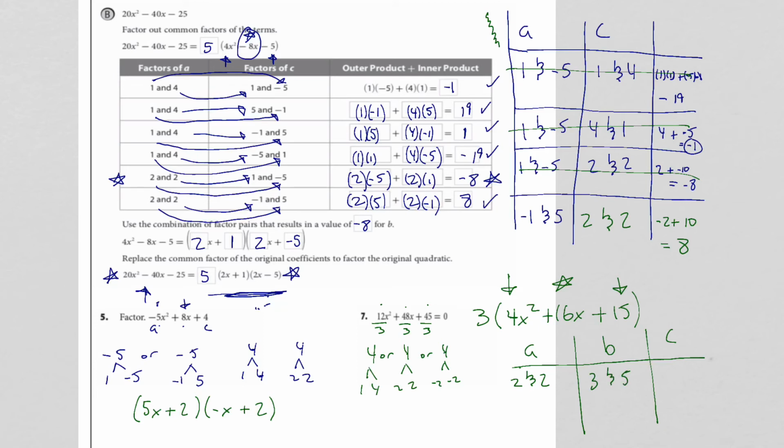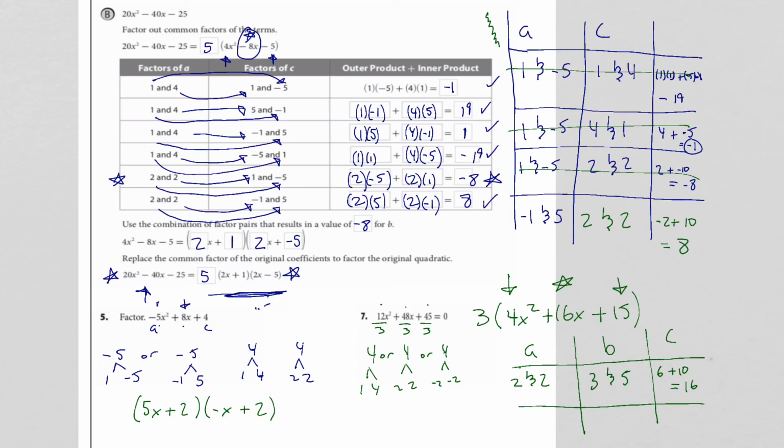I don't know if this is going to work, but let's just see what happens. 2 times 3, I got 6. And 2 times 5 is 10. And hey, I lucked out. First try, I get 16. So that's going to be the way this factors out.